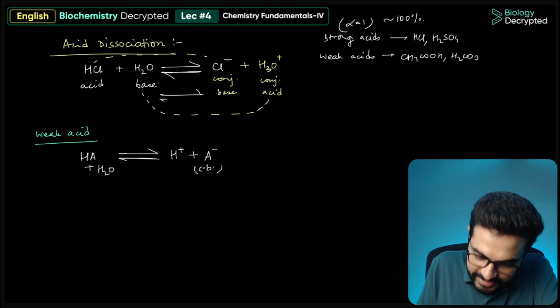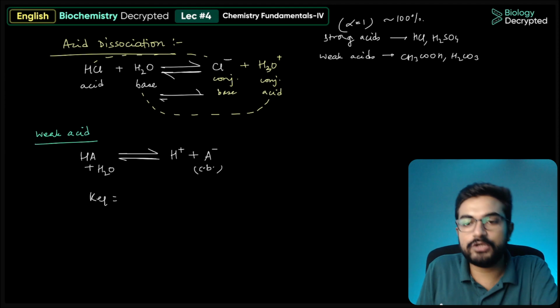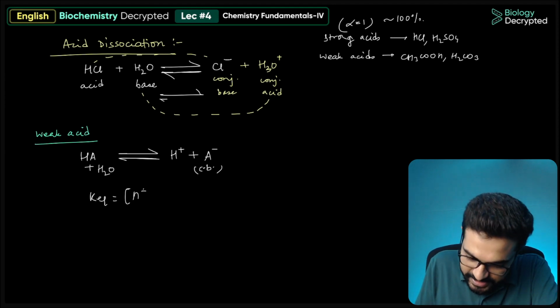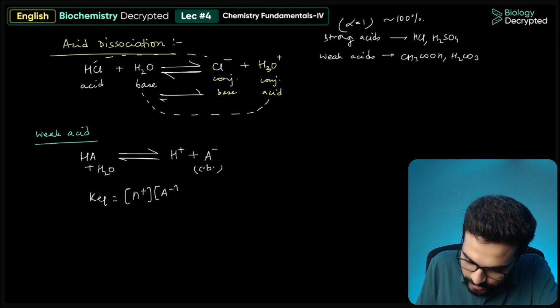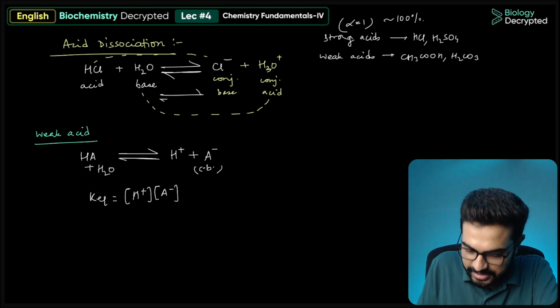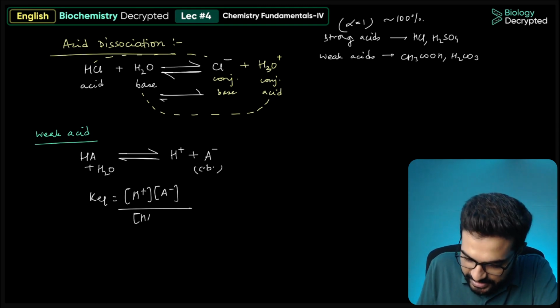Now if we write the equilibrium constant, Keq will be equal to H plus ion concentration into A minus concentration divided by HA into H2O concentration.